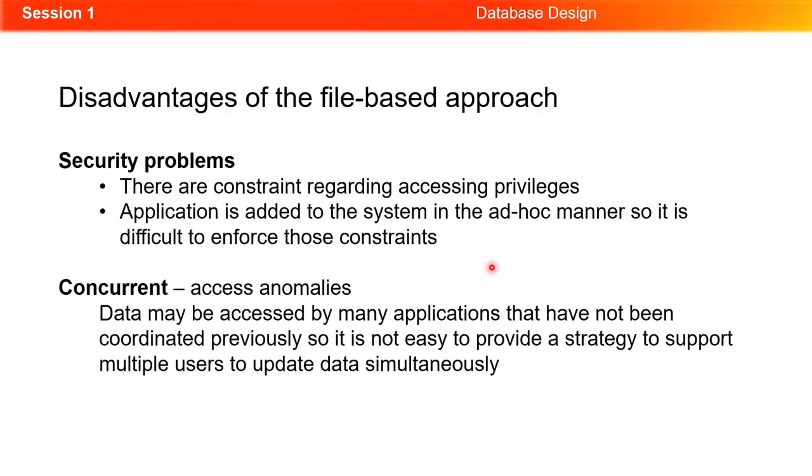And also security problems. Individual files are very hard to secure. Access privileges were inconsistent. Applications needed to have their access updated, and it was always difficult to enforce. And then there were always concurrent access anomalies, so data may be accessed by many applications that have not been coordinated previously.